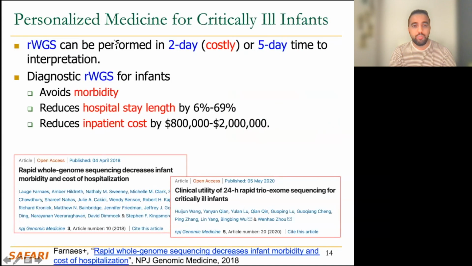Now, personalized medicine is becoming the norm these days. So in critically ill infants, for example, when they are admitted to hospital and you have very short time to respond to their illness, you have to take quick action before they die.